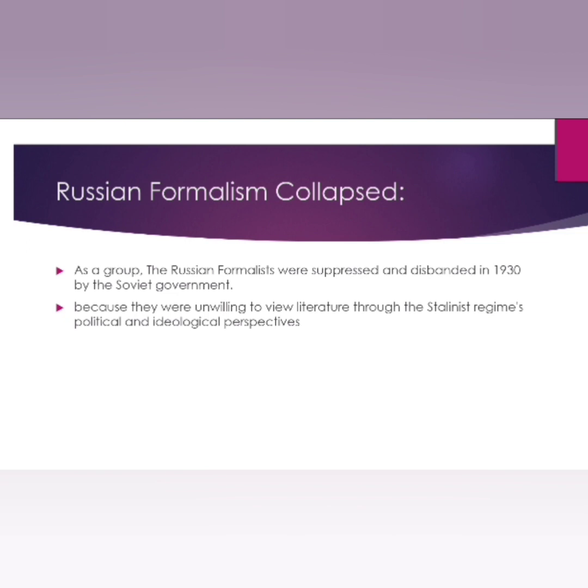Mainly the complaint of the Marxists was that they were not talking about the Communist Party, and not talking about how goodness is achieved when their party has come to reign. So they disbanded this Russian formalist group in 1930. It collapsed.